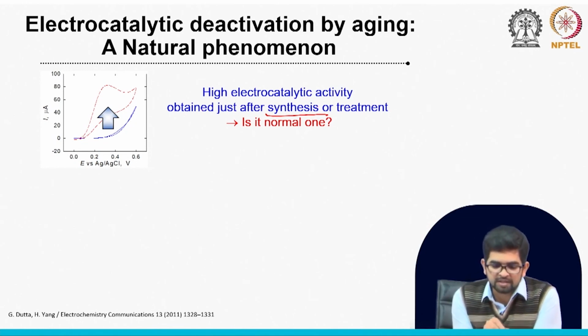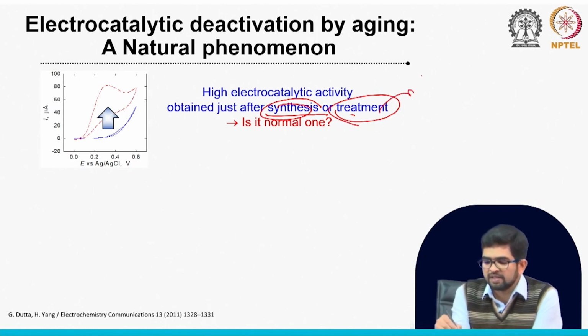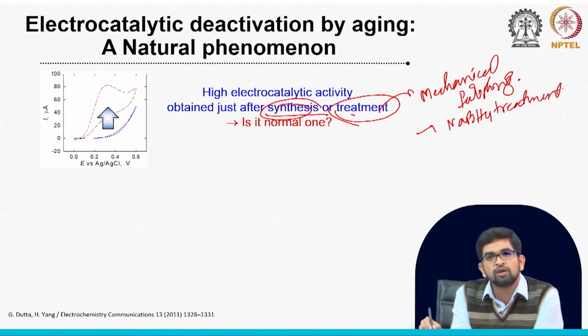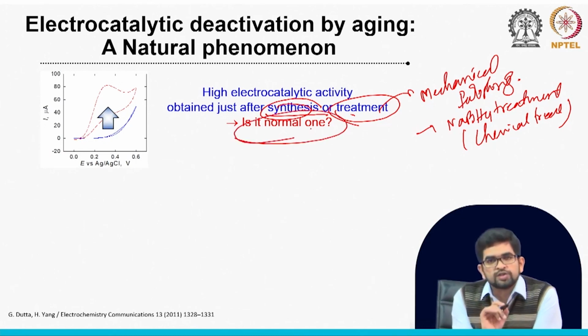So just after the synthesis or after treatment, treatment means it can be mechanical polishing, or it can be sodium borohydride treatment, which is called chemical treatment, right? Chemical treatment. So is this normal? This is the question. After this treatment or the synthesis, if we get deactivation, what's the factor?